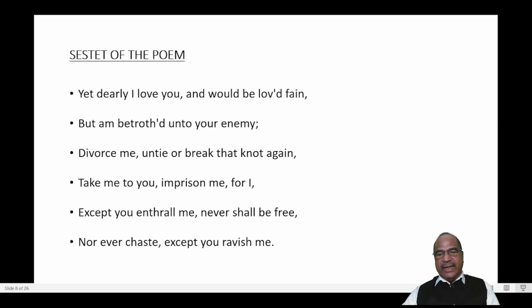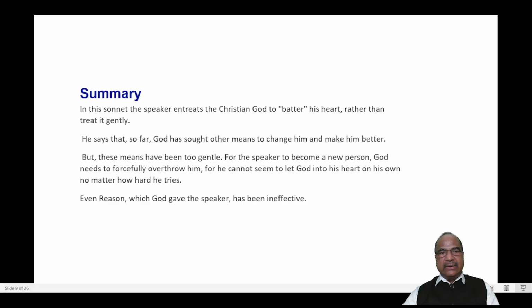We may have a very detailed look into the various aspects of this poem. Summary: In this sonnet, the speaker entreats the Christian God to batter his heart rather than treat it gently. Normally everybody asks to be treated gently, but here the poet, in contrast to existing traditions, is asking God to destroy his heart so as to reconstruct, renovate or rebuild it to make a place for God in him.